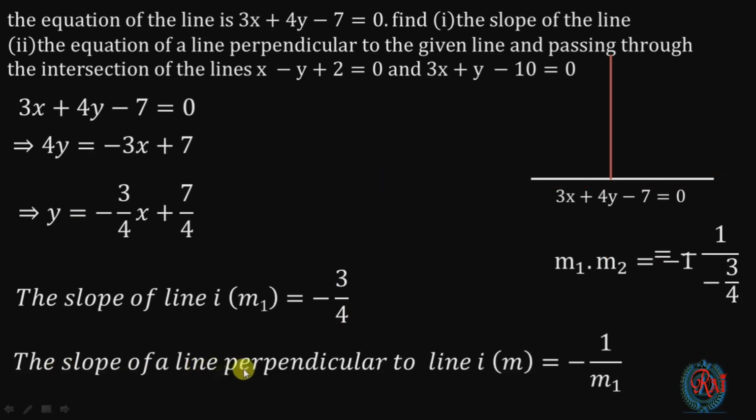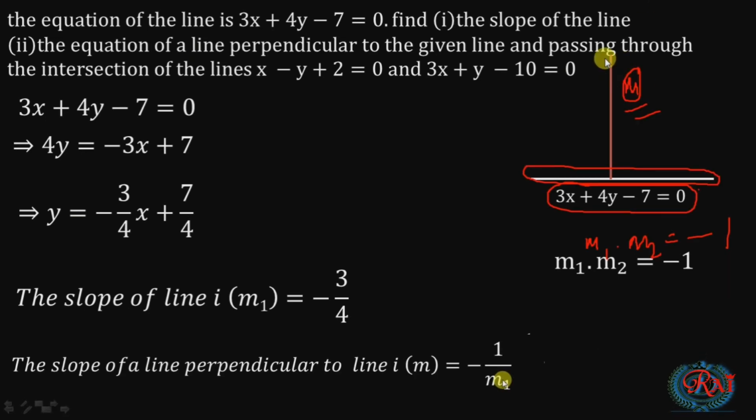The slope of a line perpendicular to line 1 is m equals minus 1 by m1. That is this line. What is the slope of this line? Using m1 into m2 equals minus 1, the slope of this line, represented by m, equals minus 1 by m1, which equals minus 1 divided by minus 3 by 4.